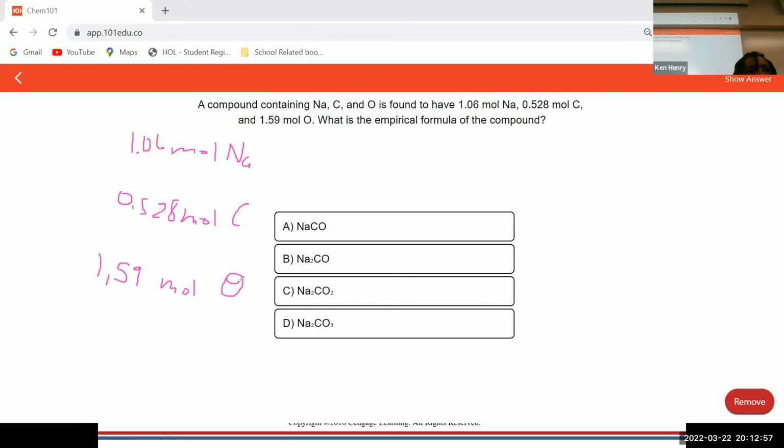So what do I need to do? Divide by the smallest, right? So you're right, divide by the smallest. That's going to equal 1 for the carbon, 0.528.